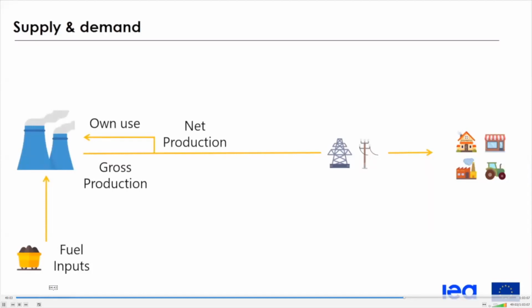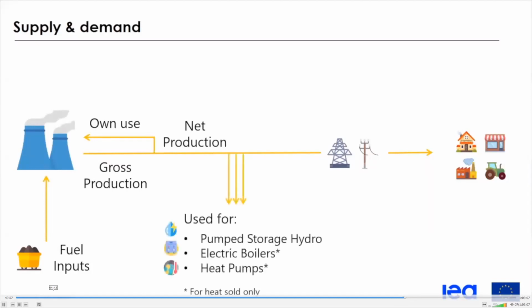In addition to those various elements, one can extract from the production the pumped storage hydro. In some specific hydro plants, the water is pumped back to play the role of stocks of possible energy sources, and some more detailed elements that are not that present on the African continent, which are electric boilers and heat pumps.